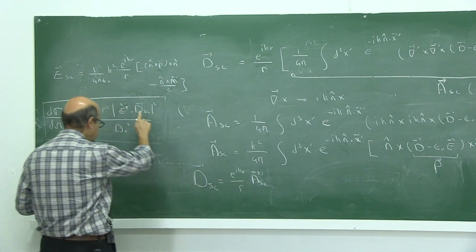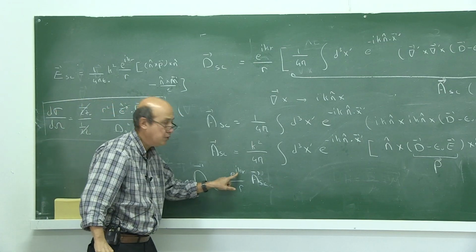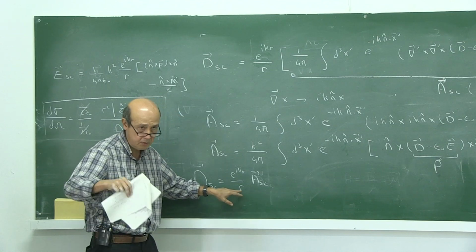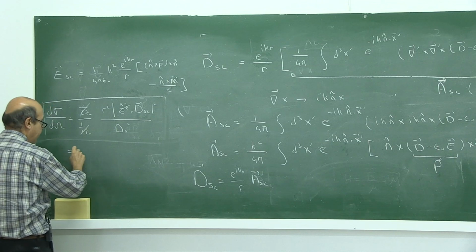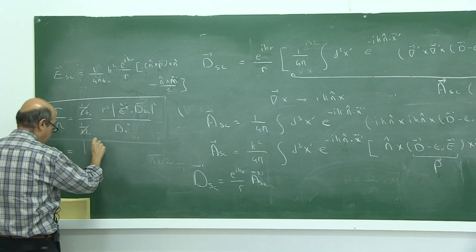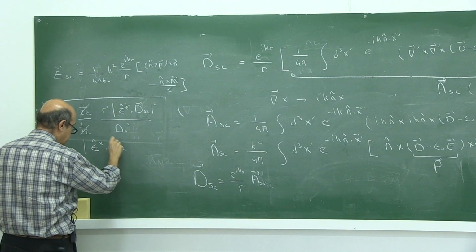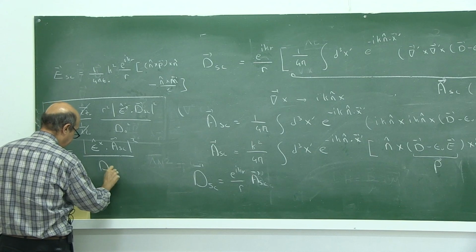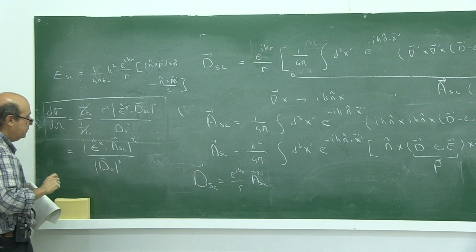If you take this and put it there, what are you going to obtain? The absolute value of e to the i k r is 1, and the absolute value squared will be 1 over r squared. This is equivalent to what? Polarization after the scattering, that product with the scattering amplitude squared, divided by D0. You can write it in this form also.